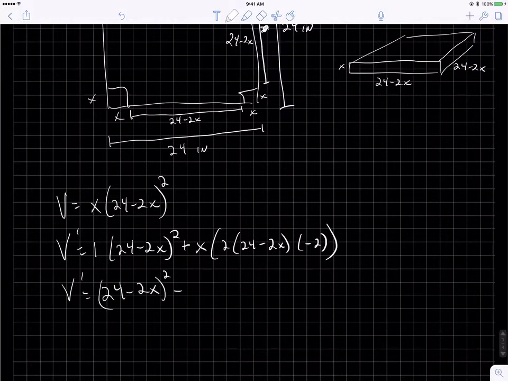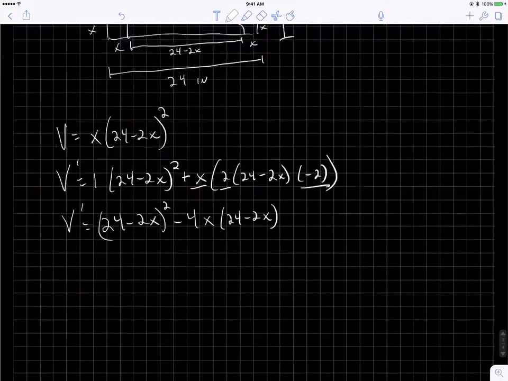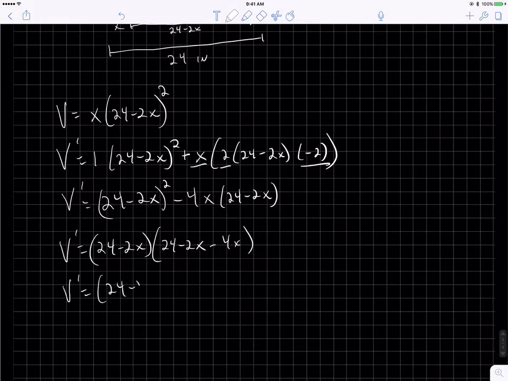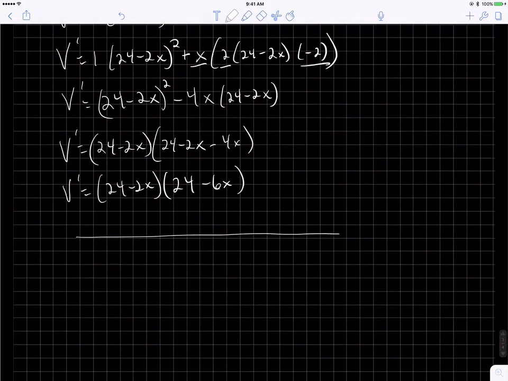So I'm going to say that's a minus 4x when I multiply these guys together and put them out front. Then I'm going to common factor. Then I set equal to 0 and solve.